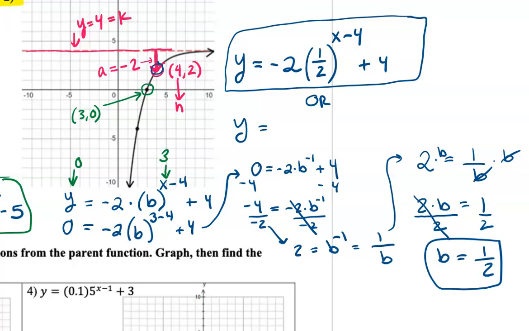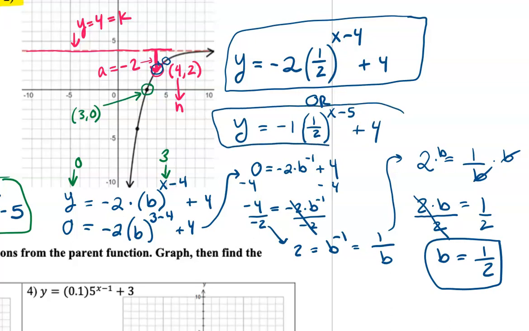So you could have had a as -1. And then if a were -1, then your h would have to be 5. You'd have to be using this point as your middle. But that could work and would still match all the other points on this graph. So here's another equation that you could have used.